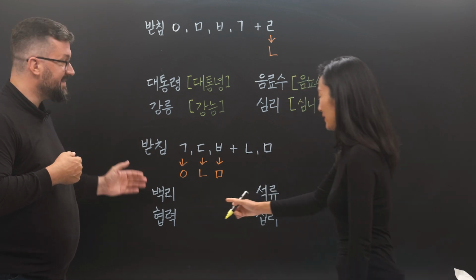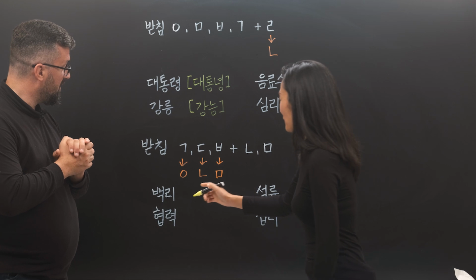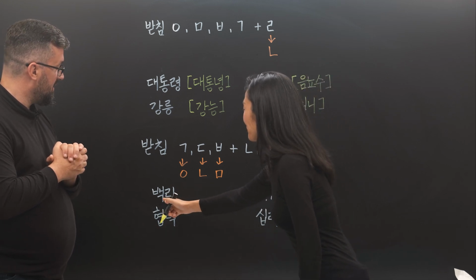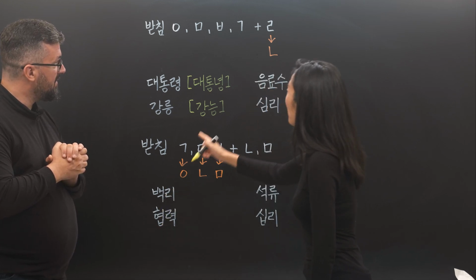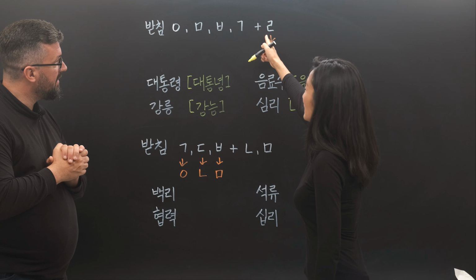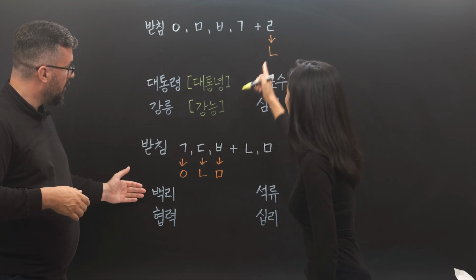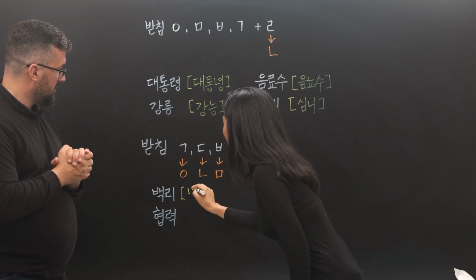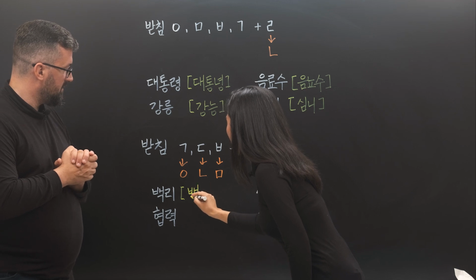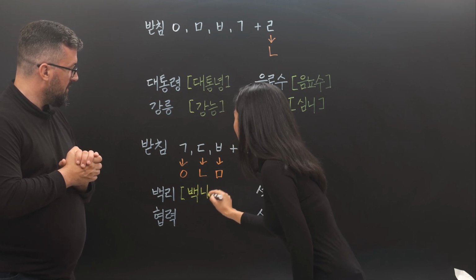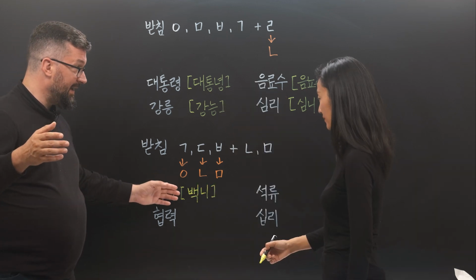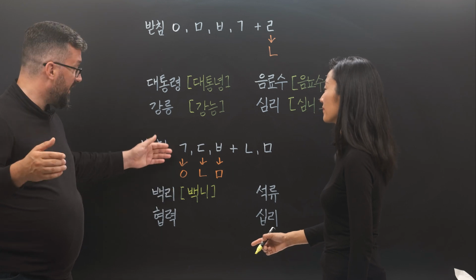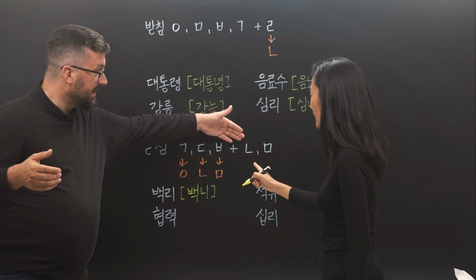First example. First, Batchim 그 meets 르. Then 르 becomes 느. So 백니, right? So it would be 백니, but we have a situation where g meets n.